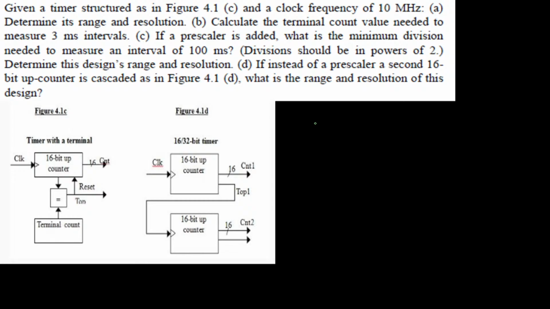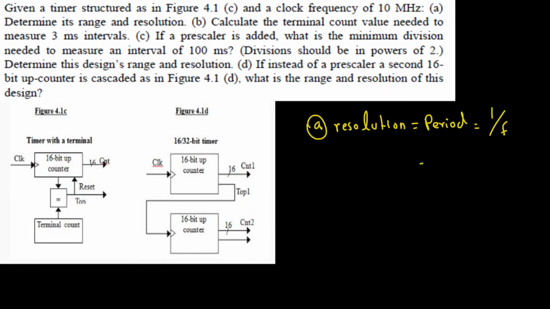Okay, now let's look at the A part of this question. They're asking to determine its range and resolution. Resolution is easier to find because it's just the period. So we can say resolution is equal to the period. The period is nothing but 1 over frequency.